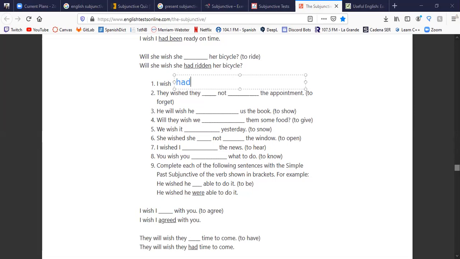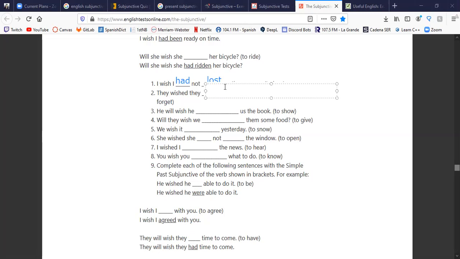You have the right thing here. It would be "lost." Yeah, that's what it is. You have the right idea. So, I wish I had not lost the answers.